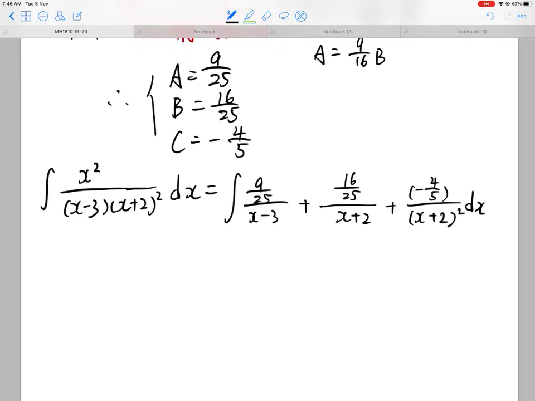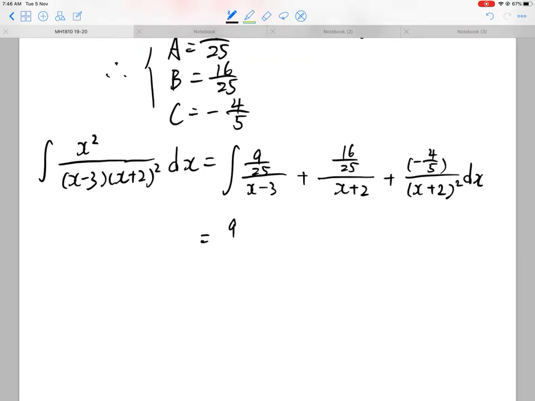Okay, and this integration is very easy. It's 9 over 25 ln absolute value of x minus 3 plus 16 over 25 ln absolute value of x plus 2.